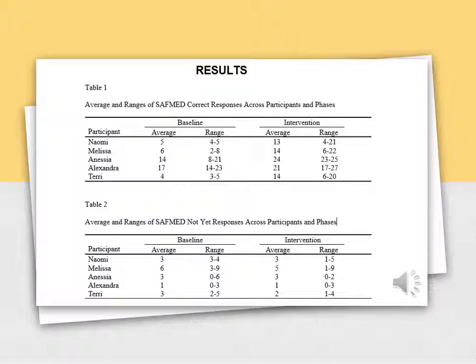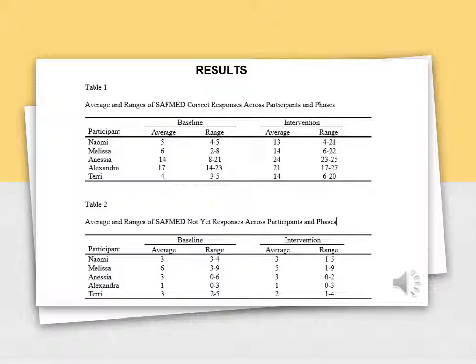Table 2 shows the average and ranges of SAFMED not yet responses across participants and phases. The baseline average for not yet responses for Naomi was 3, Melissa 6, Anessa 3, Alexandra 1, and Terry 3. Whereas the range for Naomi was 3 to 4, Melissa was 3 to 9, Anessa 0 to 6, Alexandra 0 to 3, and Terry 2 to 5.